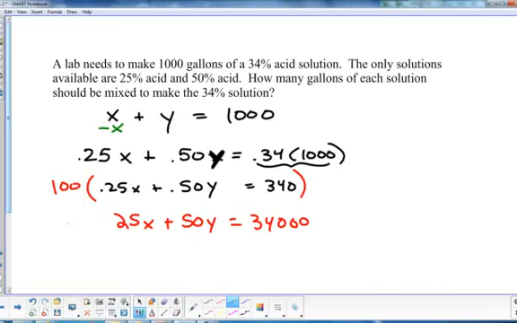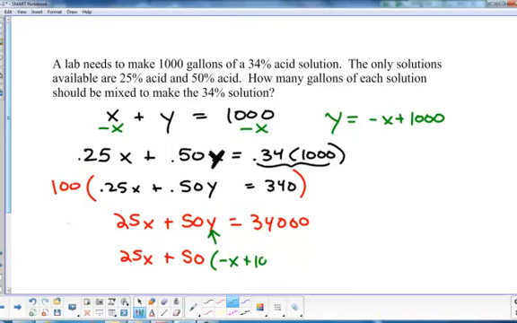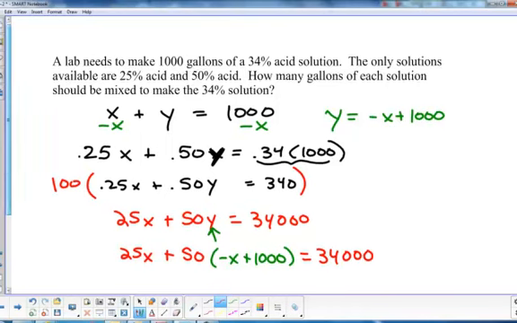Now, in my first equation, I have x plus y equaling 1,000. So I'm going to solve for y. It doesn't matter what you solve for. So I'm going to plug that in for this y. So if I rewrite 25x plus 50, and then instead of y, I have negative x plus 1,000 equaling 34,000.